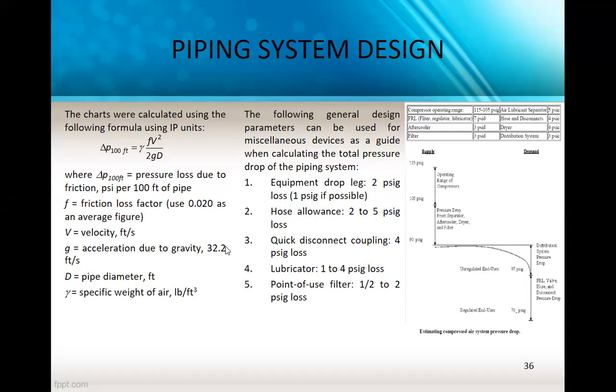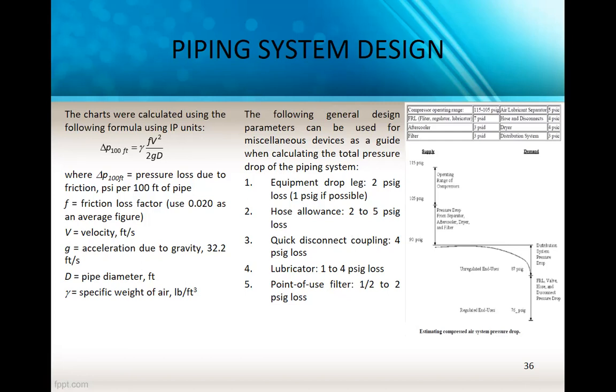Hose allowance, when you attach a hose, the pressure drop is 2 to 5 PSI gauge. Quick disconnect coupling is 4 PSI gauge. The lubricator, 1 to 4 PSI gauge loss. Point of use filter, 1 up to 2 PSI gauge loss. This is your average, so you can already assume these losses.